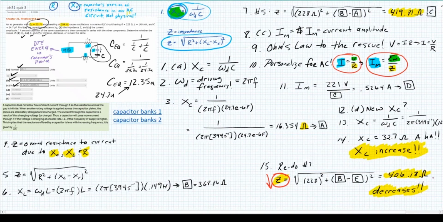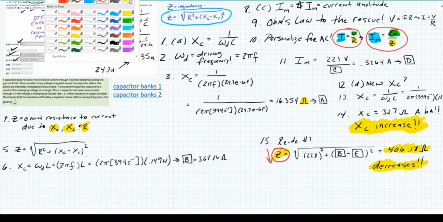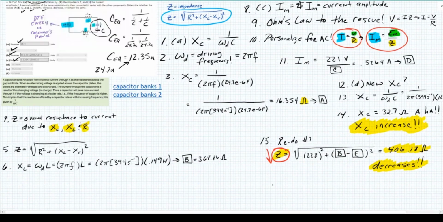So Ohm's law is saying, hey, if your net impedance due to the resistor, the capacitor, and the inductor just decreased, Ohm's law says that V equals IR, which means I equals V over R. And if we personalize this for AC circuits, the max current is going to be the max EMF over the net amount of resistance.